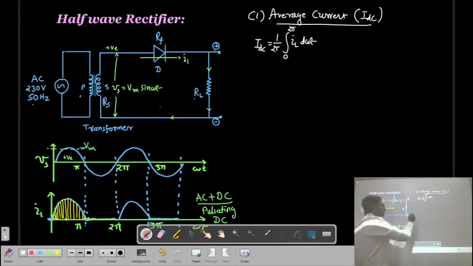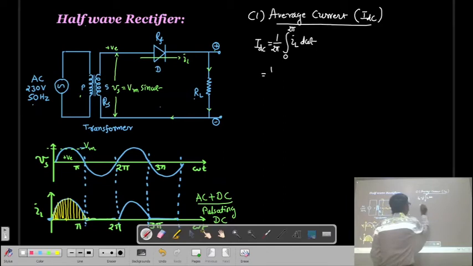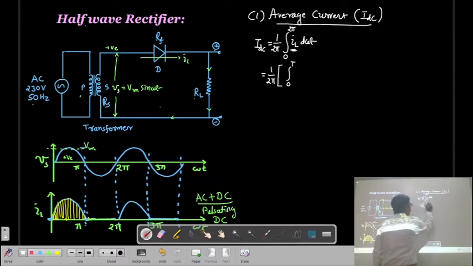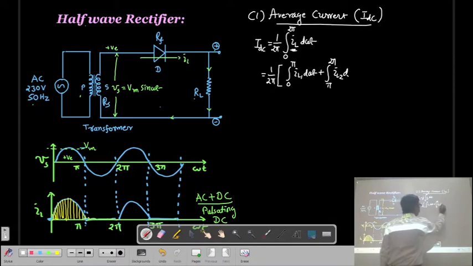Okay, so now this is equal to 1 upon 2 pi into bracket. Whatever the value of IL is, we have two different values of IL between 0 to 2 pi, so we will divide this integration. One integration will be from 0 to pi of IL1 d omega t, plus another integration from pi to 2 pi of IL2 d omega t.